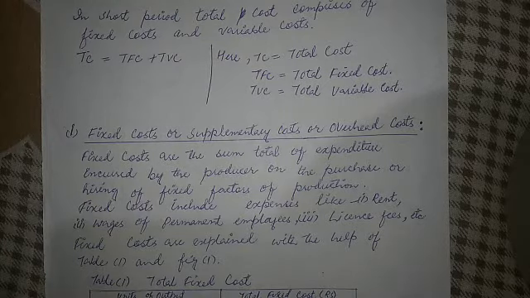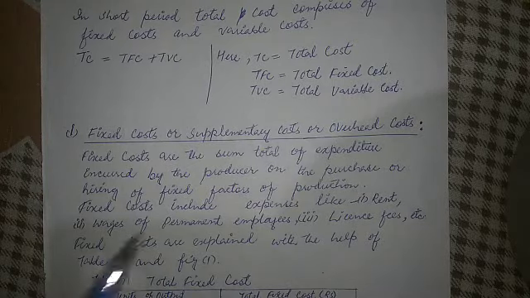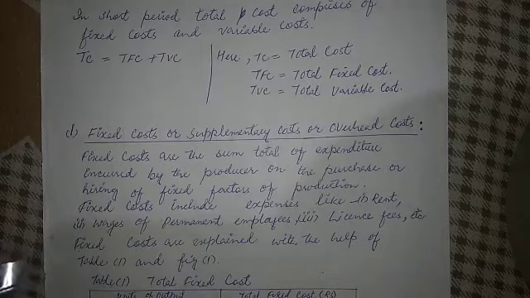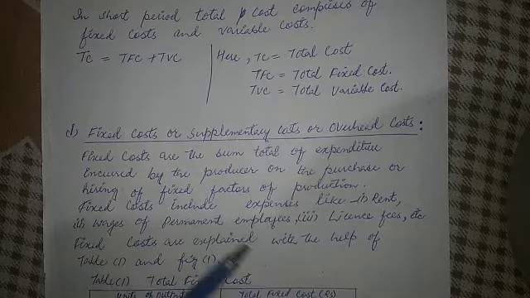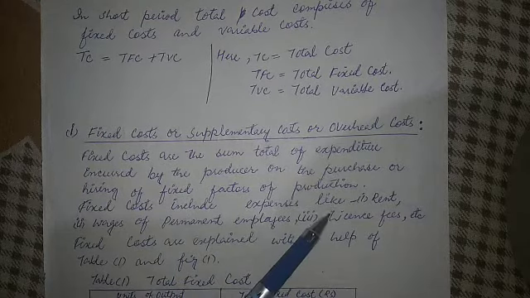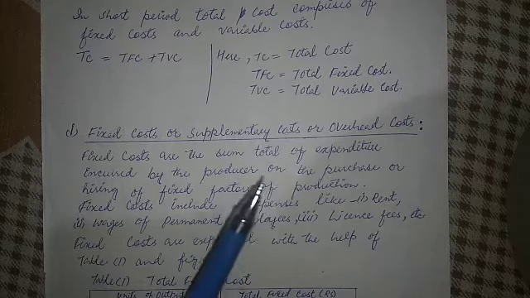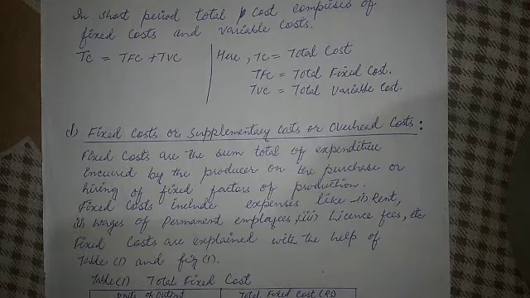Between 0 to 6 carpets in a day, the fixed cost would remain rupees 100. Besides expenditure on machine and plant, fixed costs also include expenses like rent, wages of permanent employee, license fee, etc.